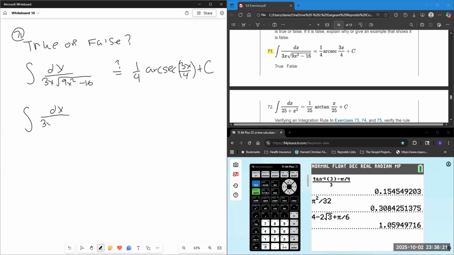So 3x root 9x squared minus 16. I see a u squared minus a squared situation. That's 9x squared minus 16. U squared is 9x squared, making u equal to 3x, and du equal to 3dx. That makes a squared equal to 16 and a equal to 4.